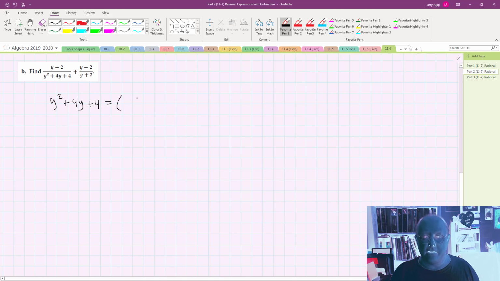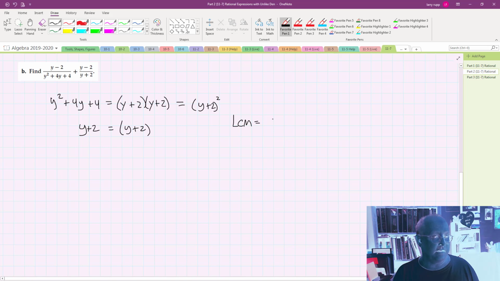What two things multiplied together give you 4 and added together give you 4? If you had to think more than about 2 seconds on this, I don't know what to tell you. y plus 2 times y plus 2, which is equal to y plus 2 squared. And then down here, the second one, y plus 2, is conveniently y plus 2. So our lowest common multiple then is what?